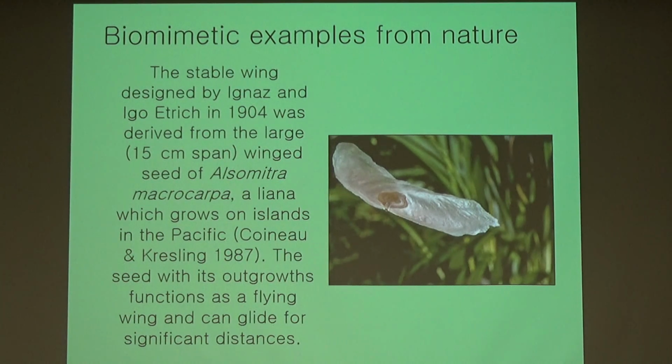It's very difficult to go from simple inspiration and translation to long-lasting technology. Here's another example, a stable wing design by Ignaz and Igo Etrich in 1904, and this again was based on the design of a seed.